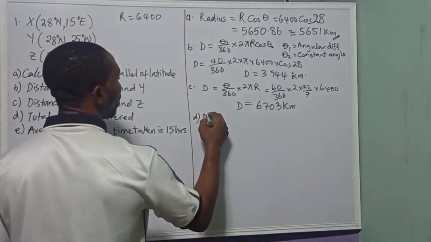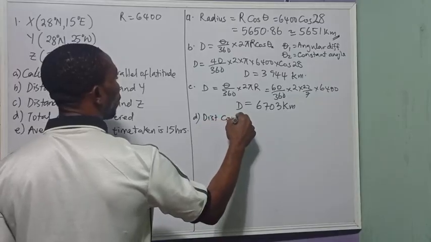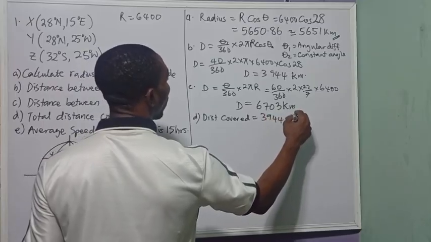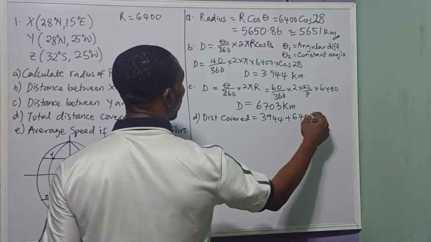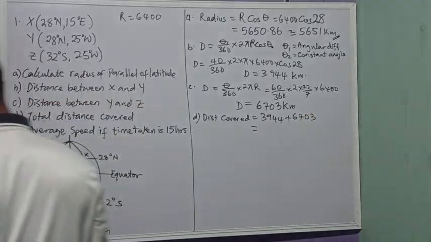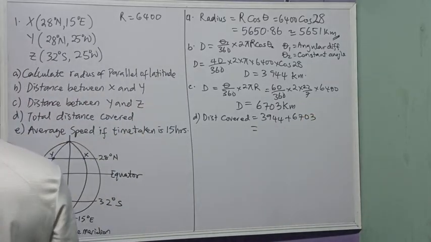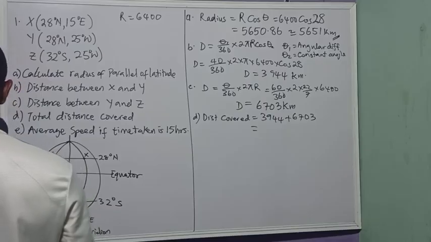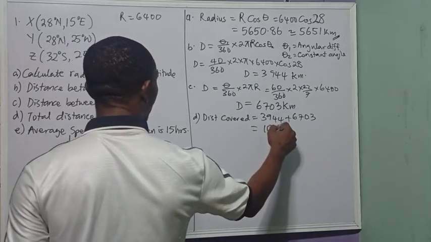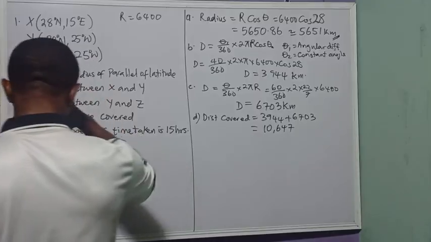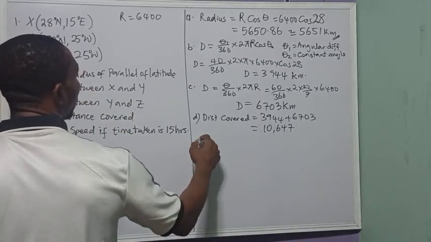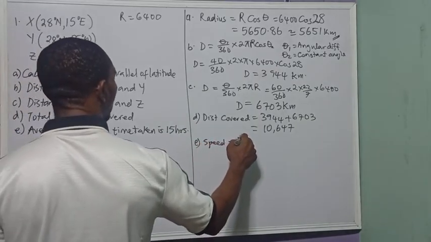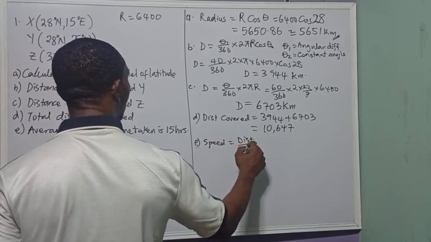So distance covered would be 3944 plus 6703, which gives us 10,647.